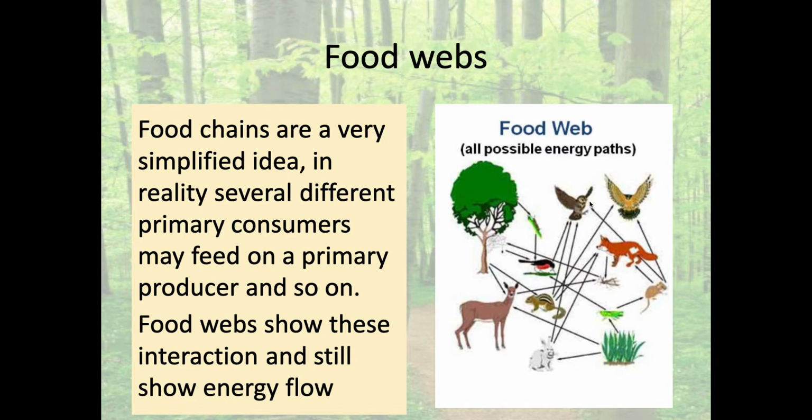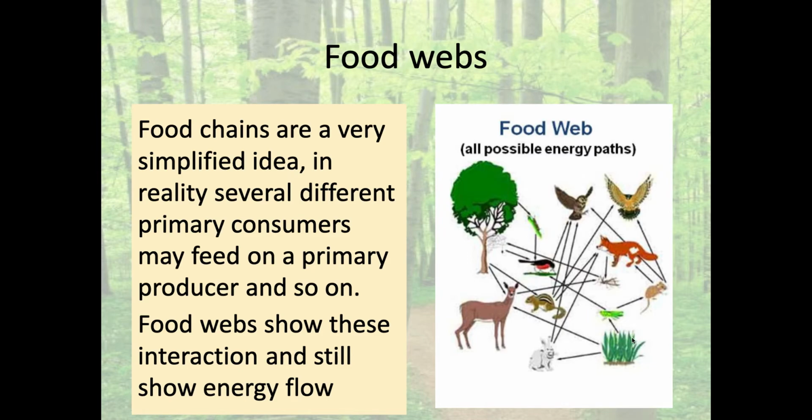The owl and the fox and this other species of owl, they eat squirrels, and they eat birds, and they eat insects, and they eat mice and another kind of insect. So you can see grasshoppers. You can see that this is a much more complicated but much more realistic picture. But you still have your trophic levels in here.